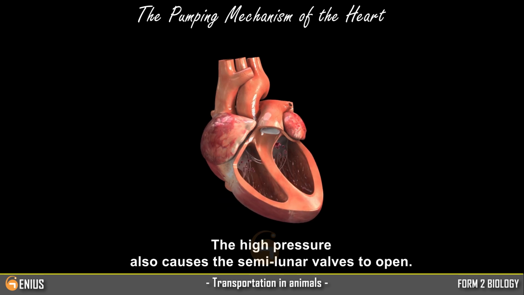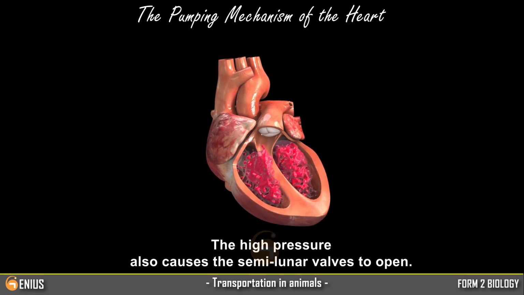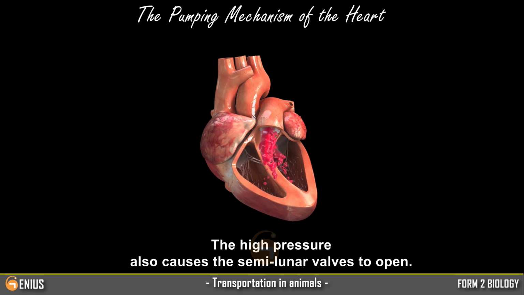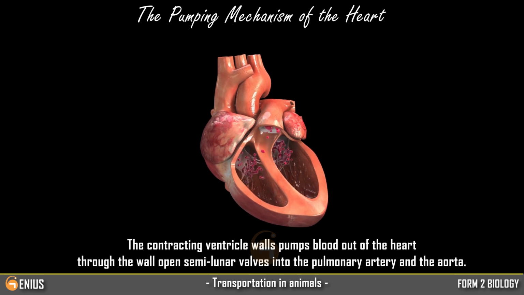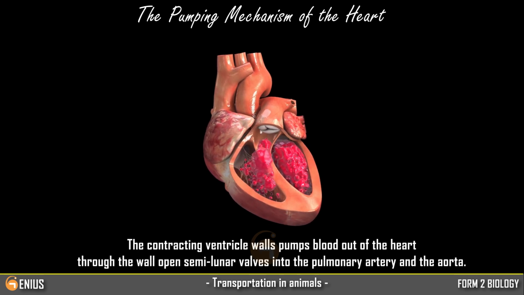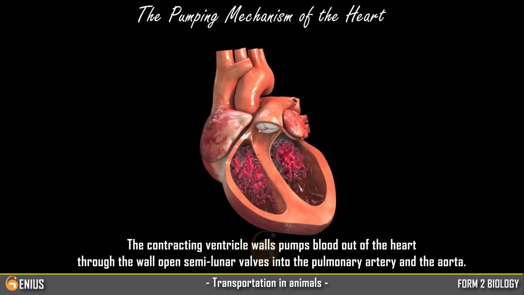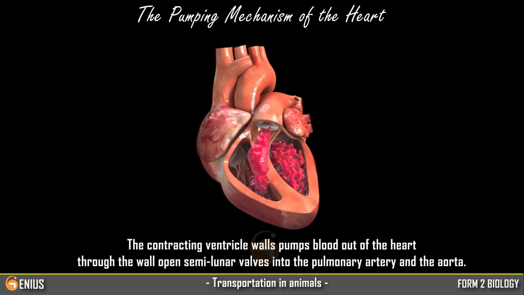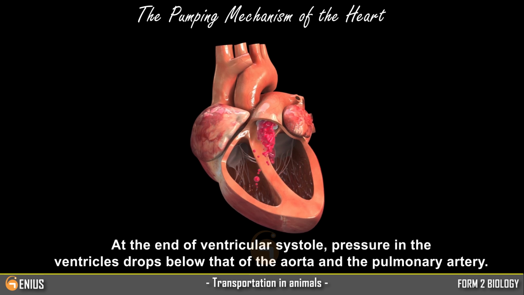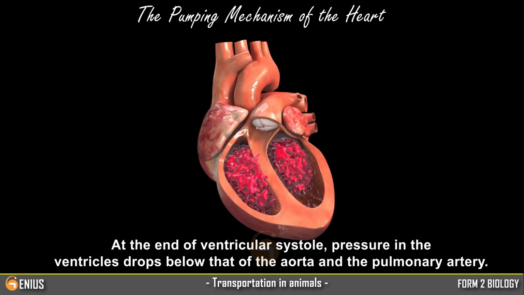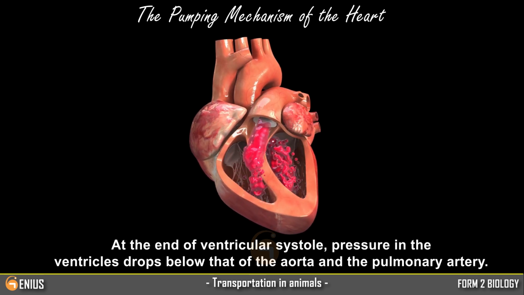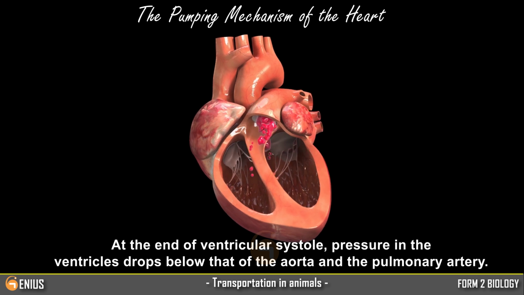The high pressure also causes the semilunar valves to open. The contracting ventricle walls pump blood out of the heart through the open semilunar valves into the pulmonary artery and the aorta. At the end of ventricular systole, pressure in the ventricles drops below that of the aorta and the pulmonary artery.